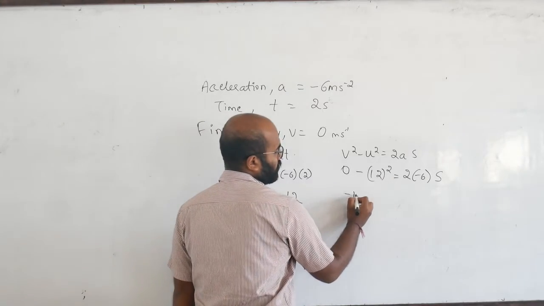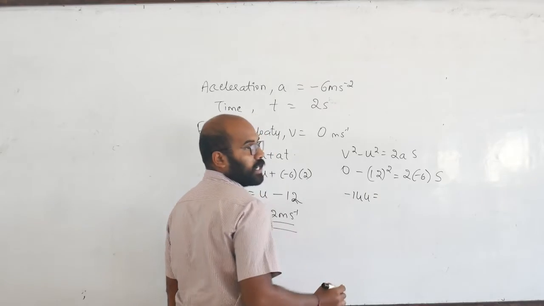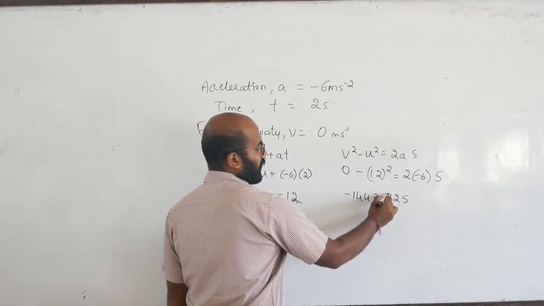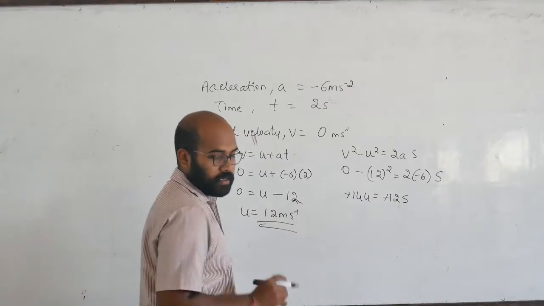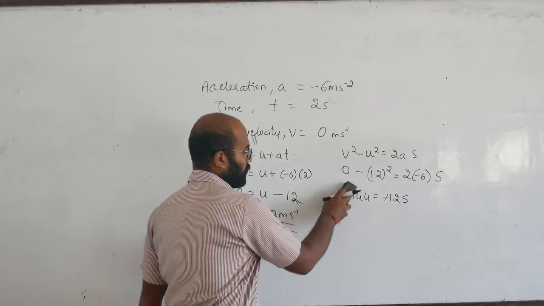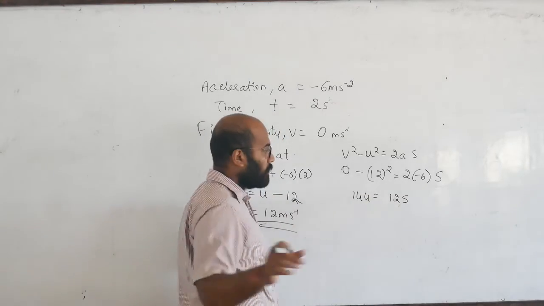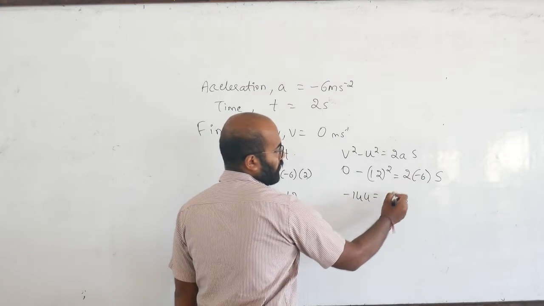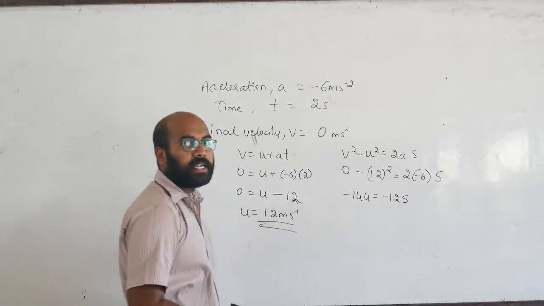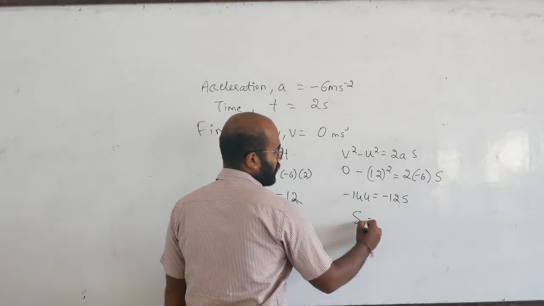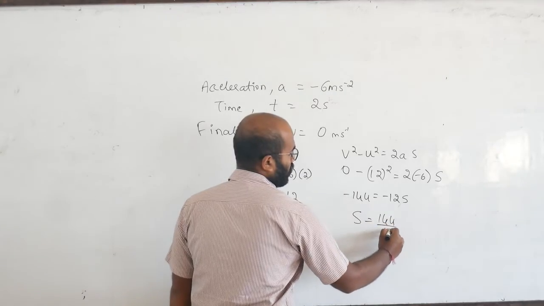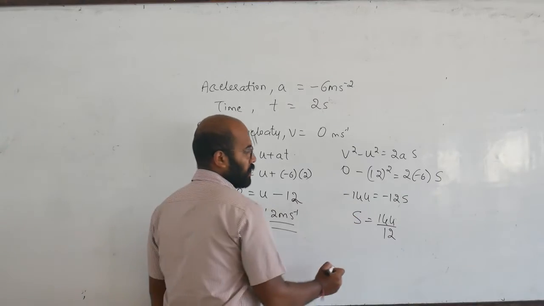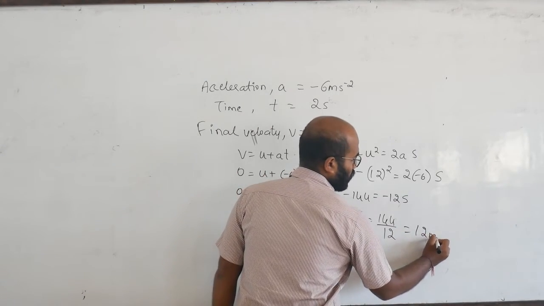I am having minus, so minus 144 is 2 6s are 12, so minus 12 into s. So minus and minus get cancelled. So s is equal to 144 divided by 12. So I take 12 to the other side. So 144 divided by 12, I get 12 meter.